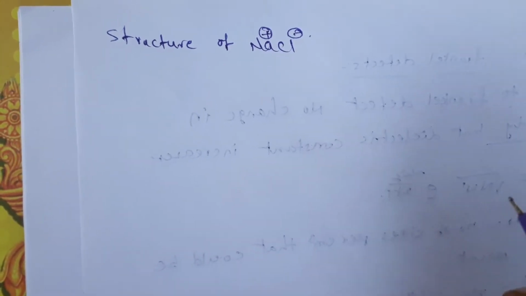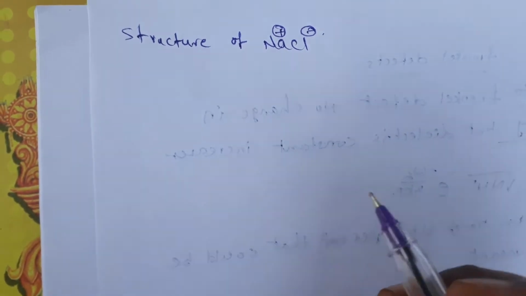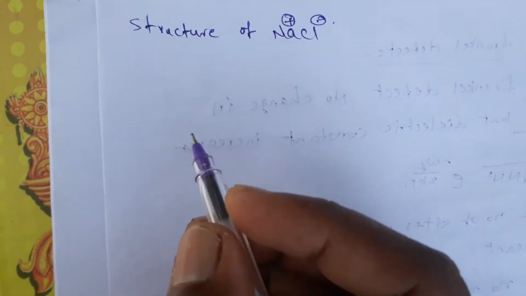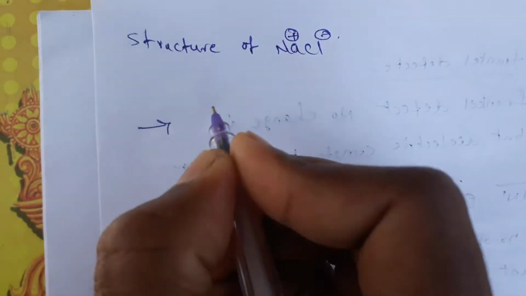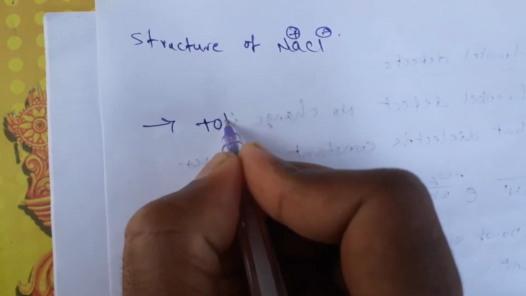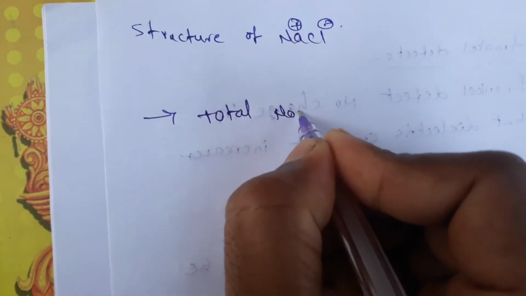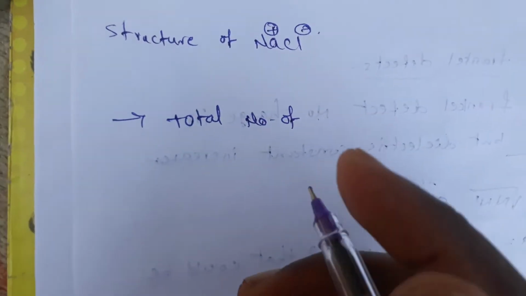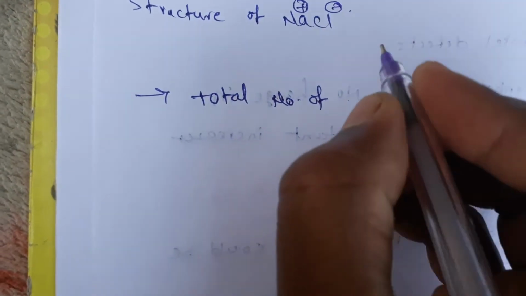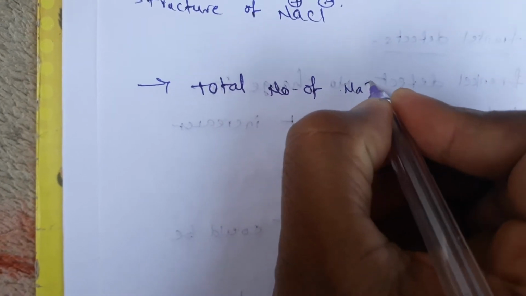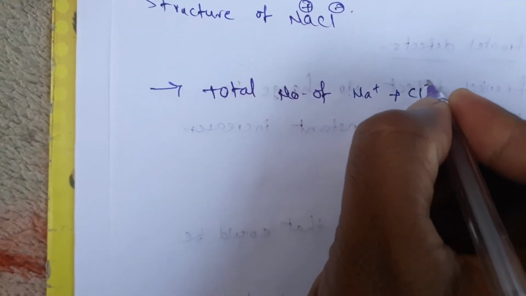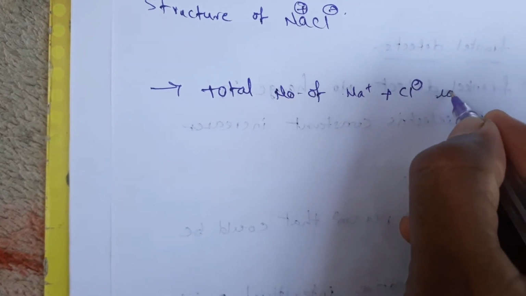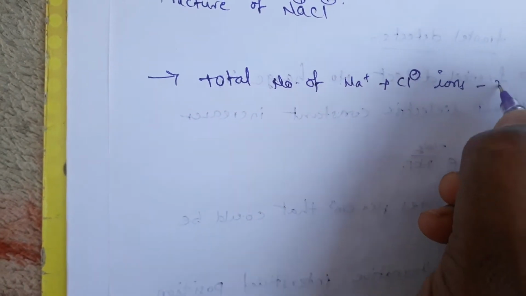So FCC structure, total number of Na plus and Cl minus ions are 27.